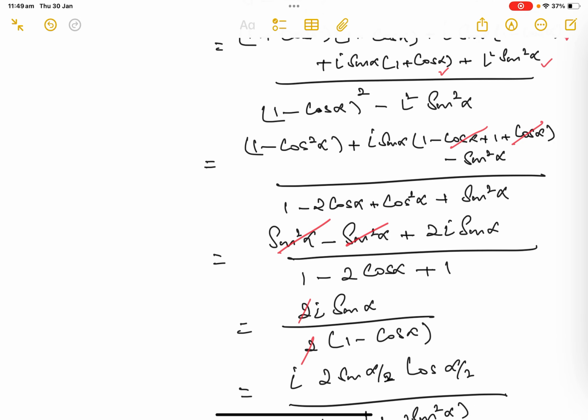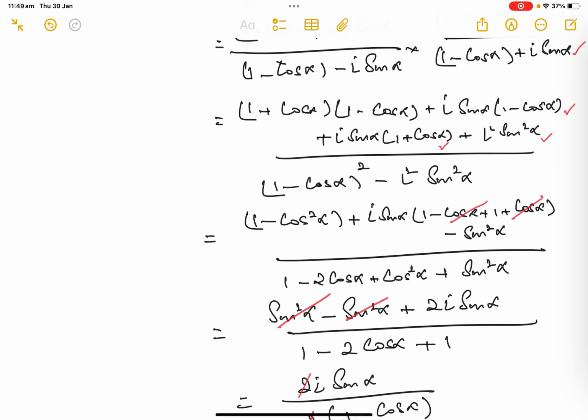There is further simplification. 1 plus cos alpha and 1 minus cos alpha is a plus b, a minus b, therefore a squared minus b squared, which is 1 minus cos squared alpha. Then we can take i sin alpha common, leaving 1 minus cos alpha plus 1 plus cos alpha inside the bracket.